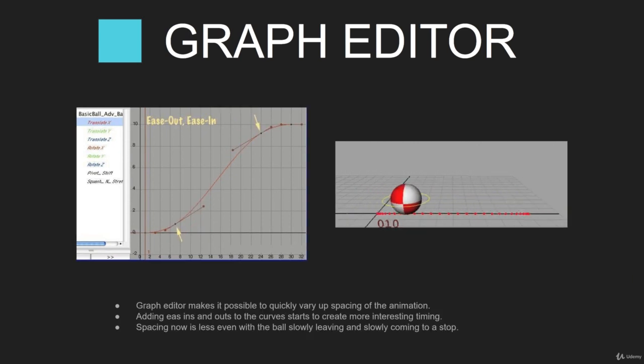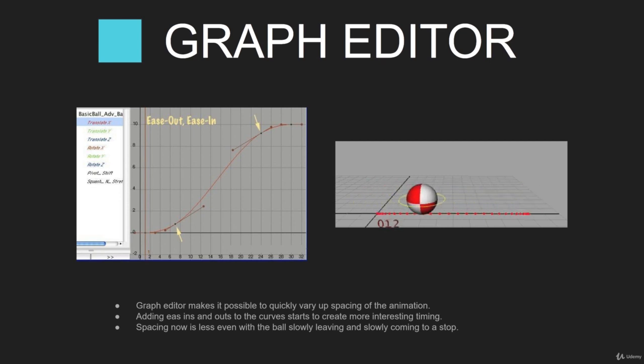So in our second slide here, what we're going to be taking a look at is varying up some of the curves and essentially cleaning up some of the movements that are happening in this animation. By just adjusting the curves slightly in this example, you can start to see that some of the timing is not as even.